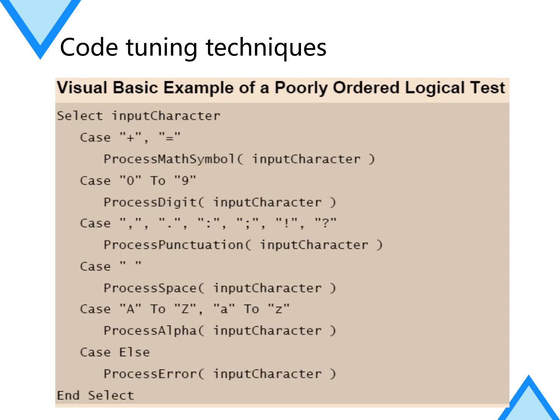Let's discuss an example taken from Visual Basic related to order test, meaning the ordering of the conditions. This example is a poorly ordered logic test. The conditions are ordered poorly: if we are typing characters on the keyboard, the plus and minus mathematical symbols are used less often.